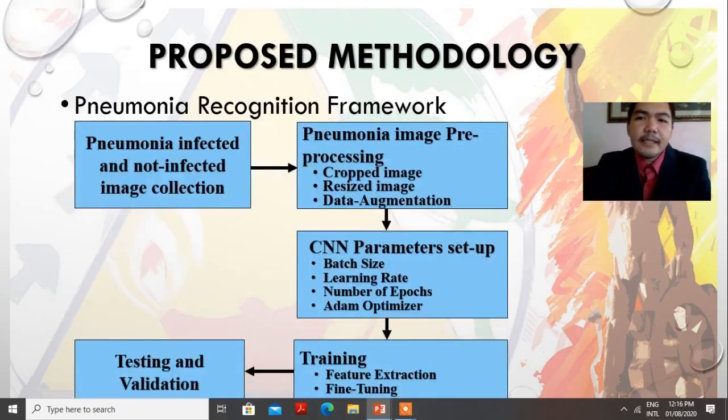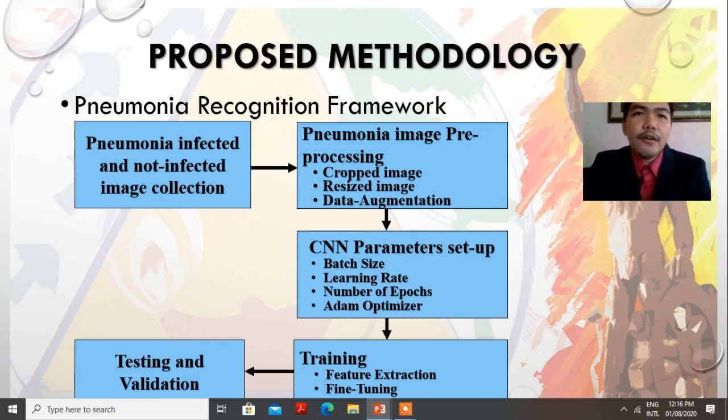The next is the pneumonia recognition framework. The first phase is the pneumonia infected and non-infected image collection. The study employed the data set of the Radiological Society of North America, or RSNA.